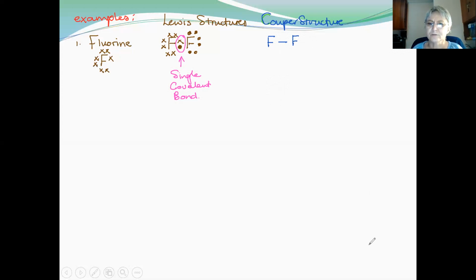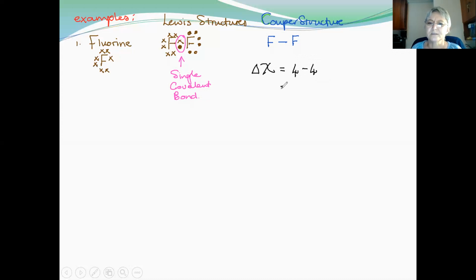Next, I want to refer to the difference in electronegativity. Now, fluorine is the element with the highest electronegativity. We'll discuss it in another lesson. It's 4. You find the number on the periodic table. It means that fluorine's got an extremely strong force on electrons shared in a bond. But the second fluorine also has an electronegativity of 4.